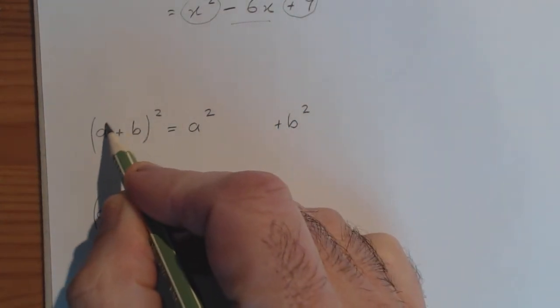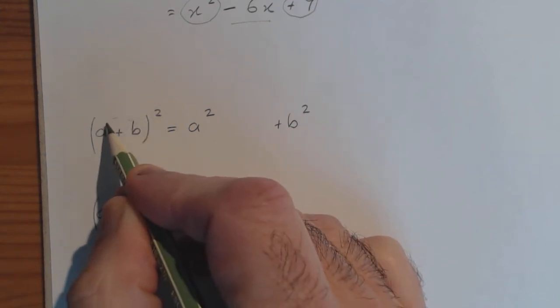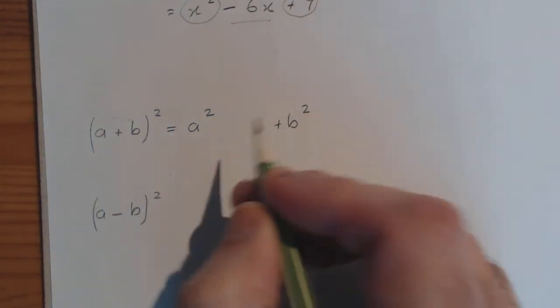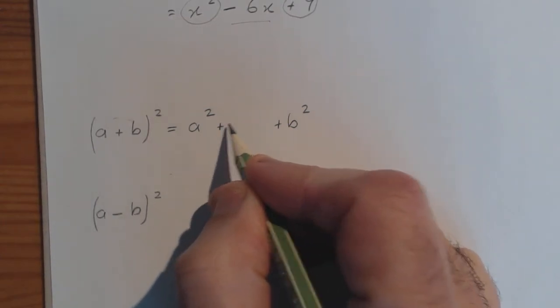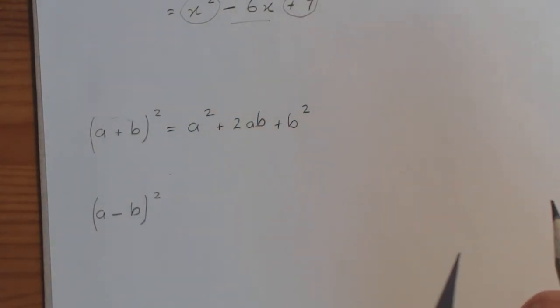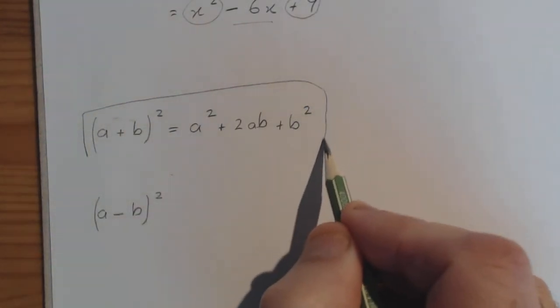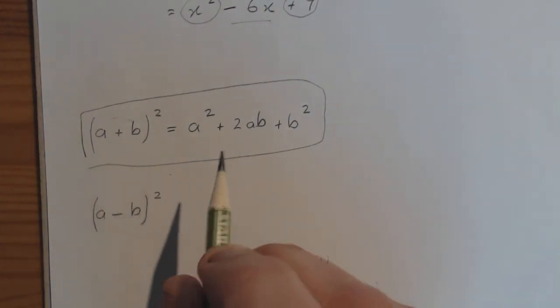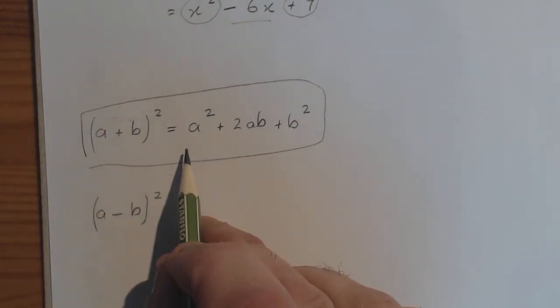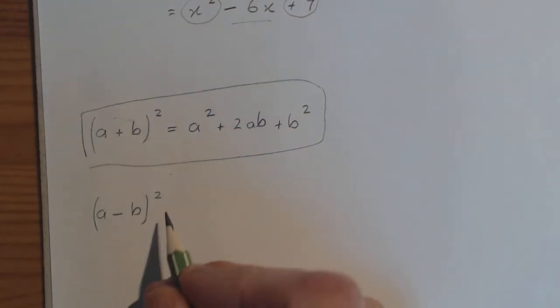I then multiply the two terms inside the bracket, which is a times b, ab. Double it, I get plus 2ab. And I'll highlight that. That is our general rule. When we have a plus b all squared, we'll always get a squared plus 2ab plus b squared.